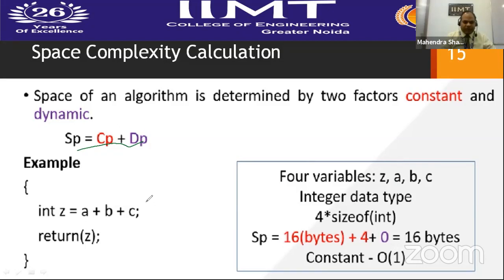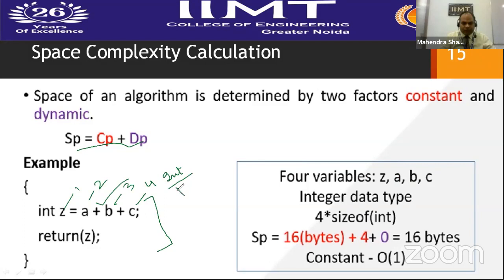Example: suppose you are given code of 2 lines. int Z is equal to A plus B plus C, return Z. So how many variables are involved in this line? 1, 2, 3, 4. And what kind? Integer type.